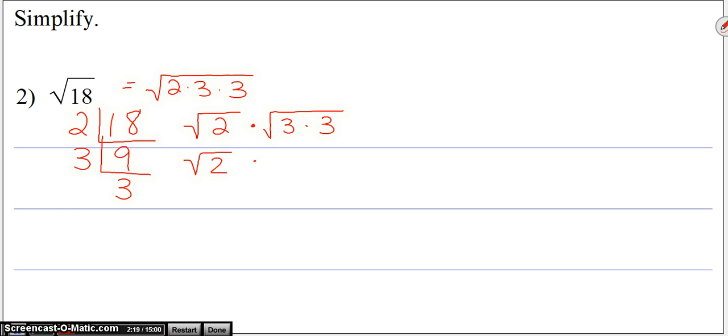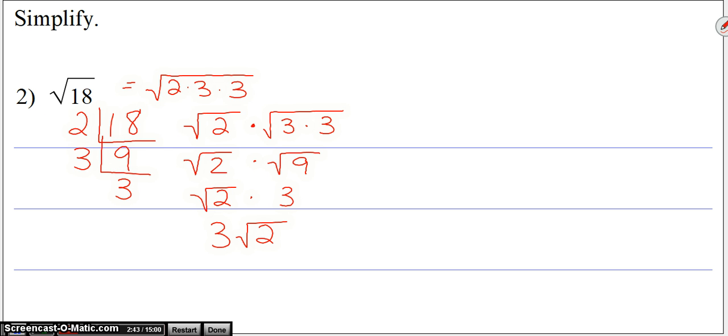But the square root of 3 times 3 is the square root of 9, and the square root of 9 is actually 3. So the simplified expression is 3 times the square root of 2. We usually put the number that got out of the radical out front and the radical itself on the inside.